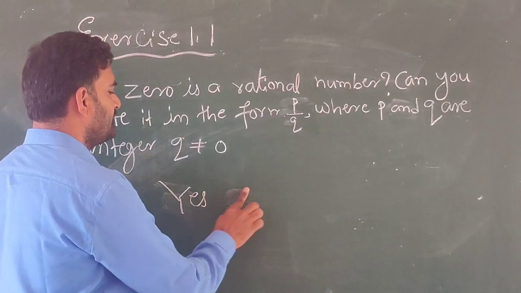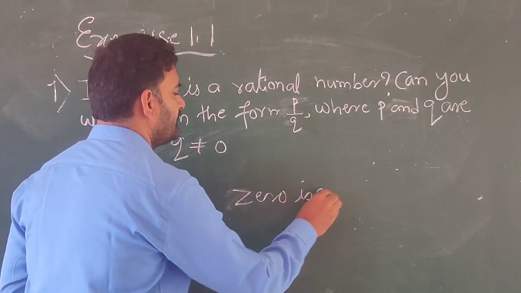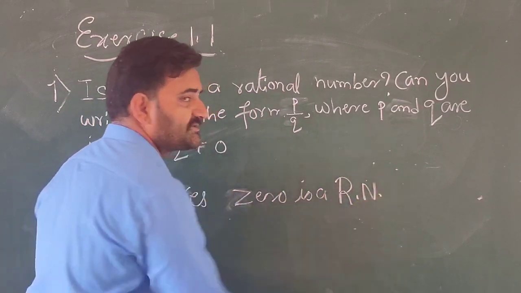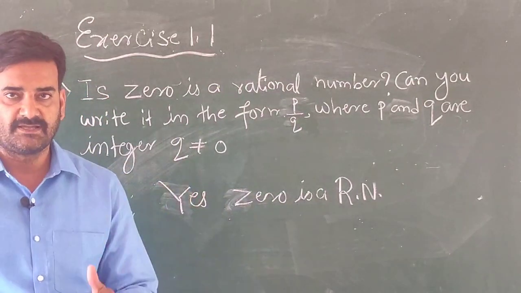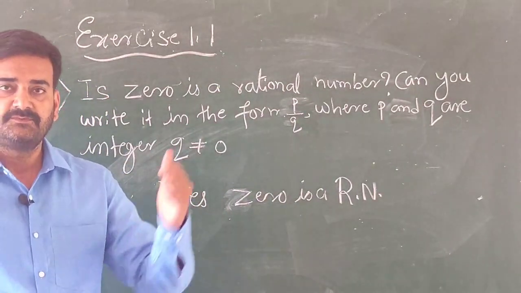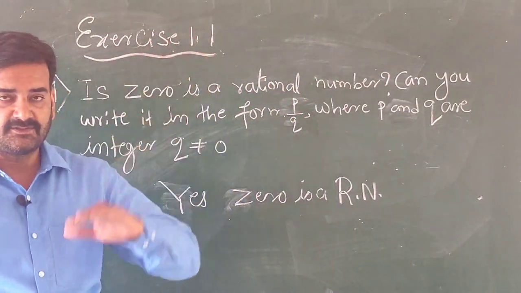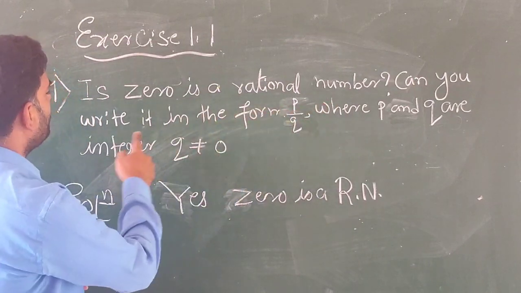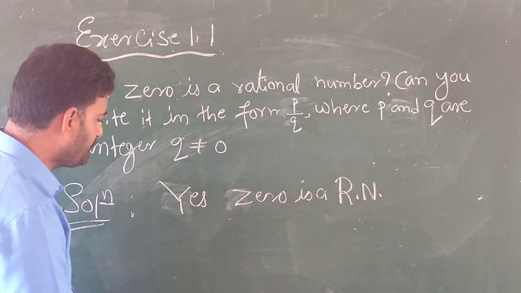Yes, 0 is a rational number because 0 by 1, 0 by 2, it is in the form of p by q. I will write it in short form. Can you write it in the form of p by q? Yes.